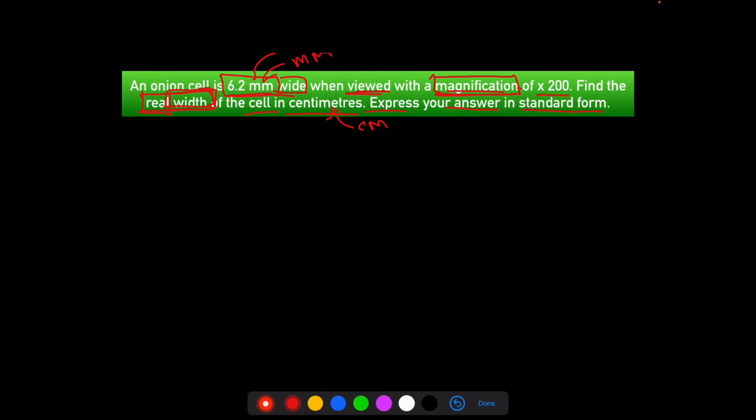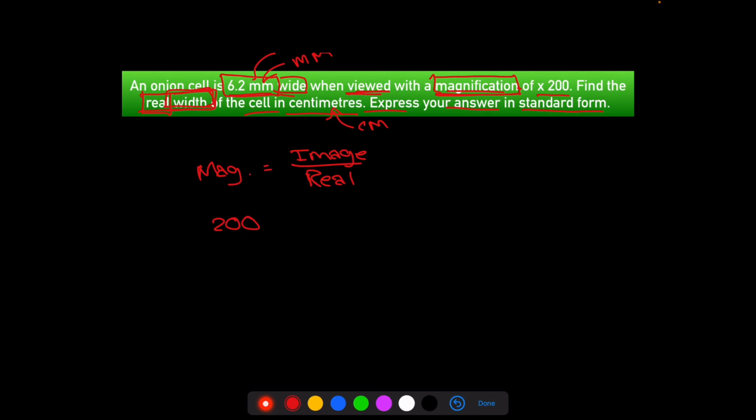So now let's actually do this question. Let's derive the equation first. We know the equation, right? Magnification is equal to image size. I'm just going to say image width in this case, because the size can be anything you want, image over real. Now we know the magnification, 200.